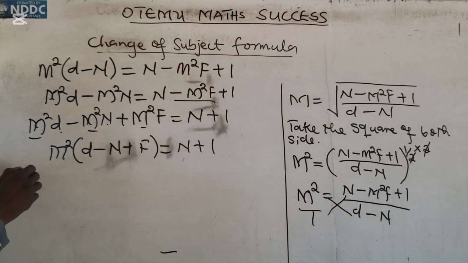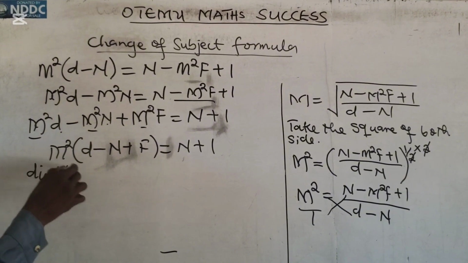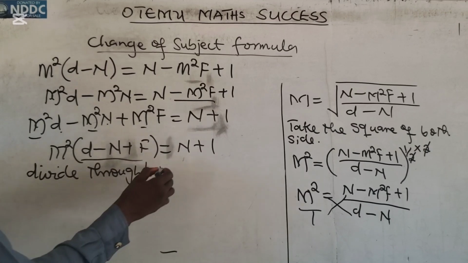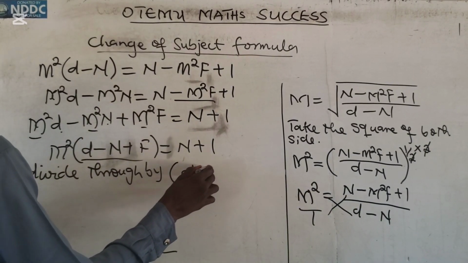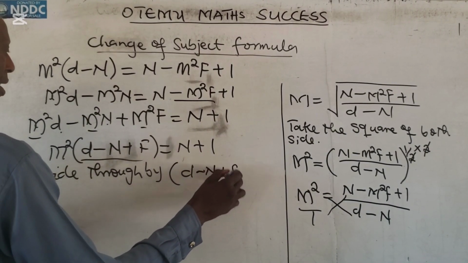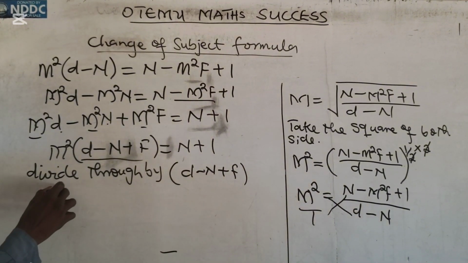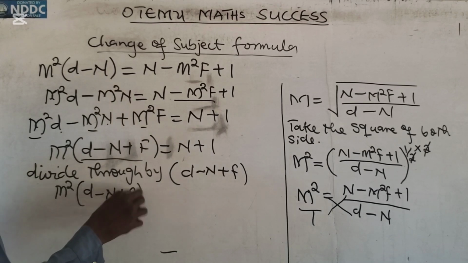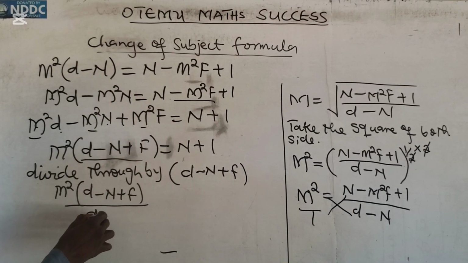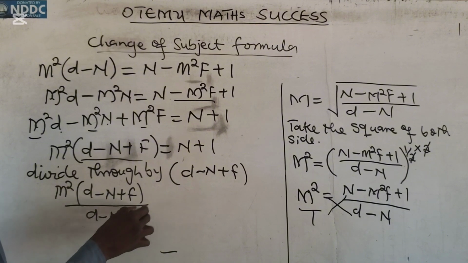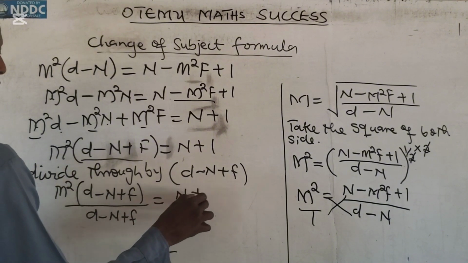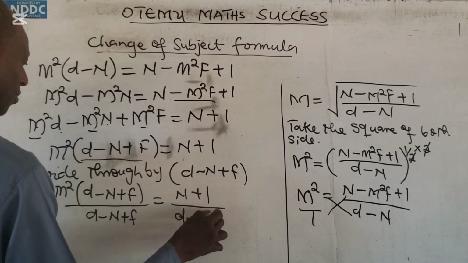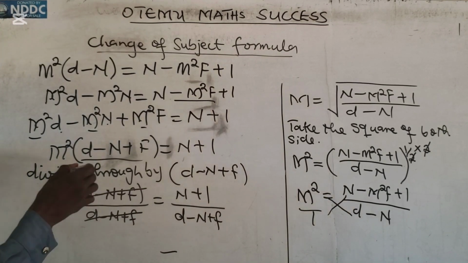And let us divide through by what is inside this bracket, which is D minus N plus F. So here will give us M squared into D minus N plus F over D minus N plus F is equals to N plus 1 over D minus N plus F. This will cancel this.